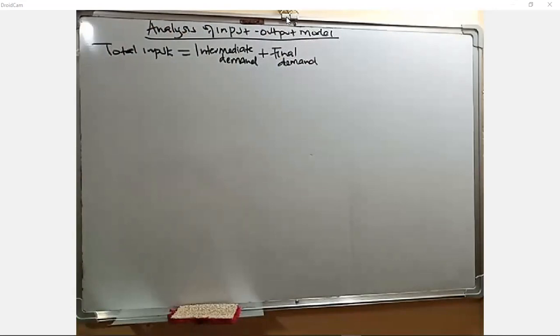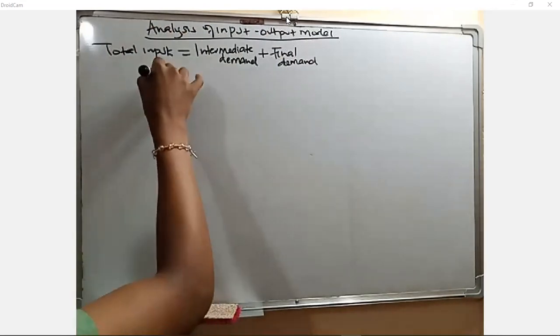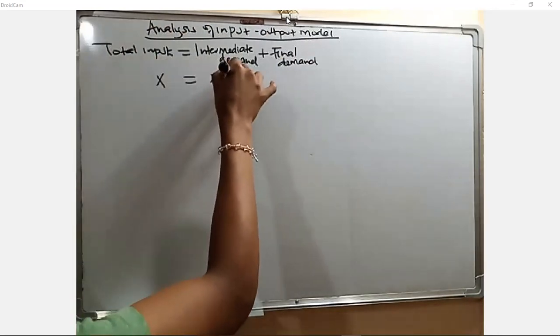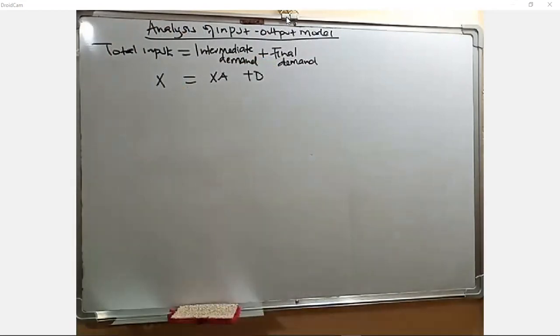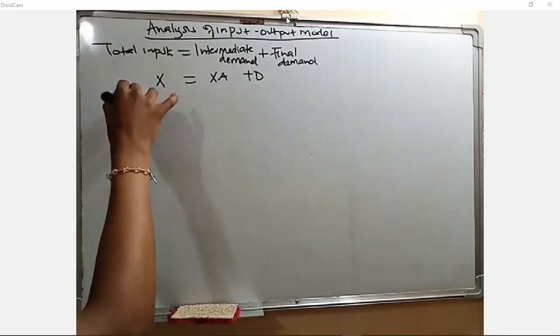The total demand is going to be represented by X, which should be equal to XA plus D. In this case, you can see we have two X's here. Make X the subject.